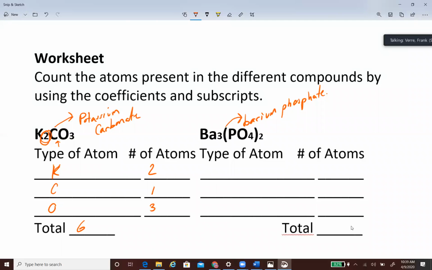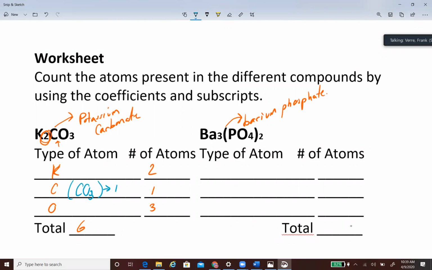Now, this is a really important skill, okay? The other way of looking at it is you could think of it as there's 1 potassium, which is true, and you can think of it as there is only 1 carbonate, okay?